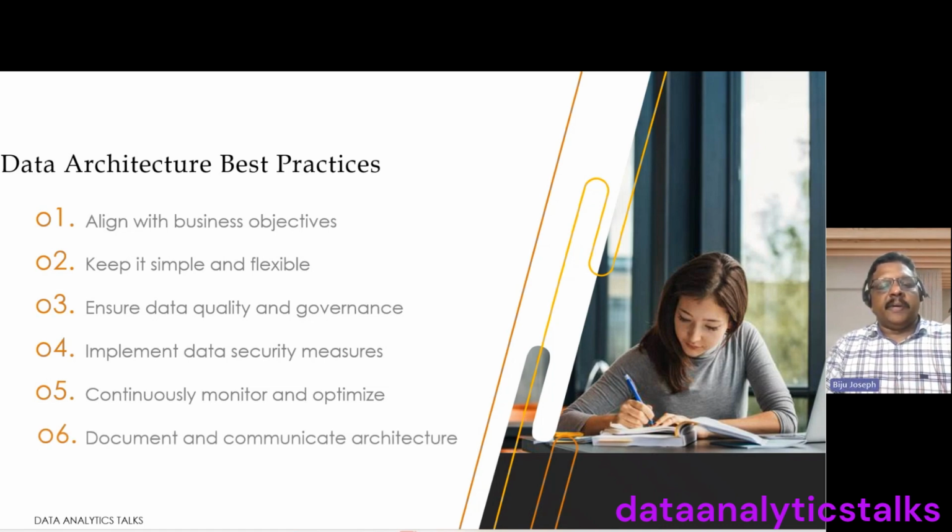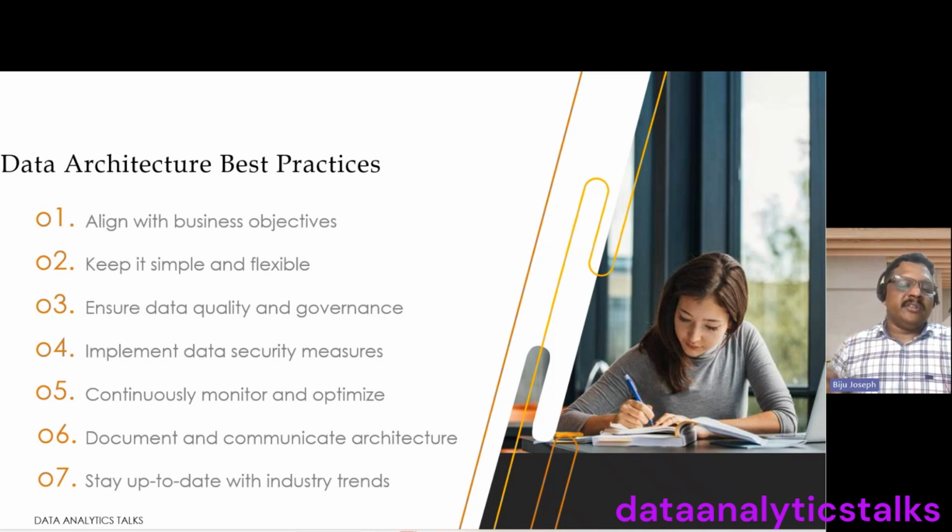Document and communicate the architecture. Stay up to date with industry trends. So we have 7 best practices mentioned here: align with business objectives, keep it simple and flexible, ensure data quality and governance, implement data security measures, continuously monitor and optimize, document and communicate the architecture, and stay up to date with industry trends.